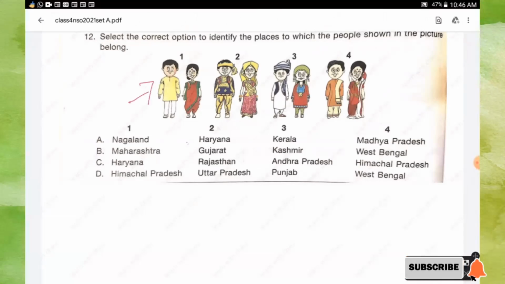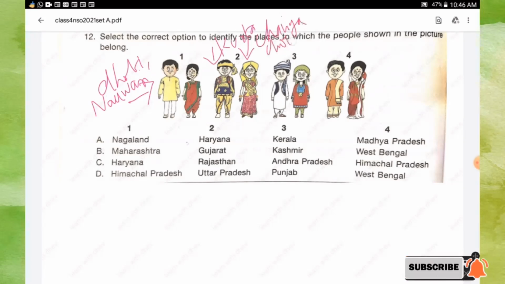This figure shows a dhoti, and the woman is wearing a Nauvari sari. For figure 2, the man is wearing a kurta, and the woman is wearing a chania choli.